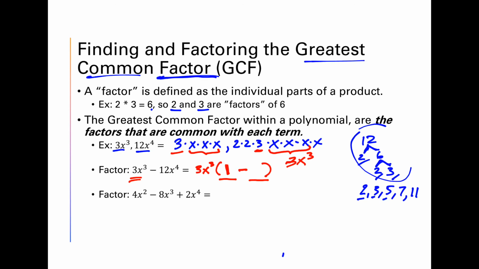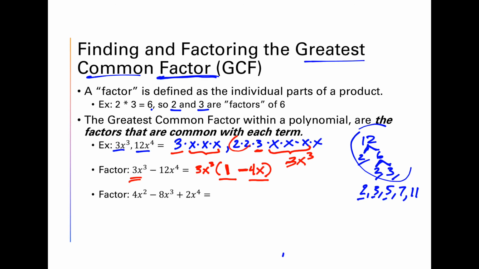So I'd want to put a 1 there to hold that first place. It's really tempting to think of it as 0, but when we factor something, we're dividing it. All right. With the second term, I had a 12, so I'm taking out a 3. 12 divided by 3 leaves me with a 4. And I took out 3 x's. That leaves me with that single x.